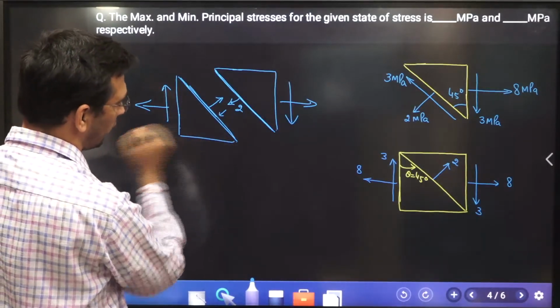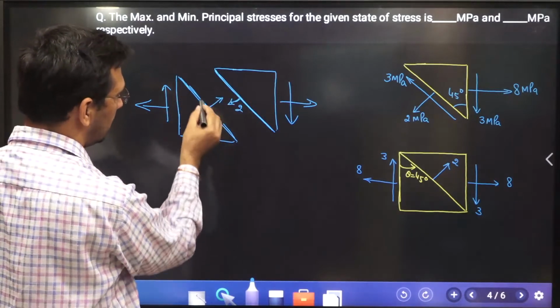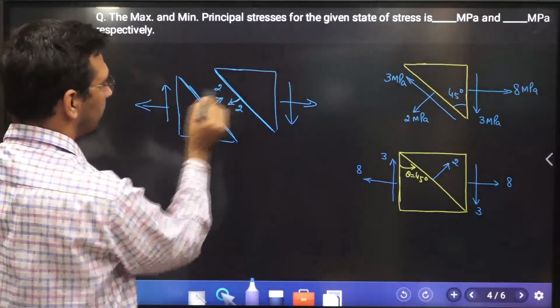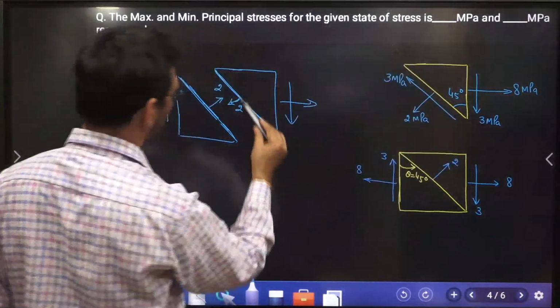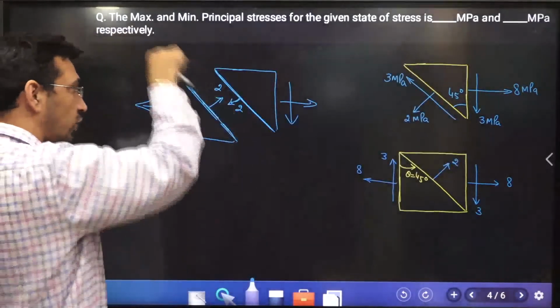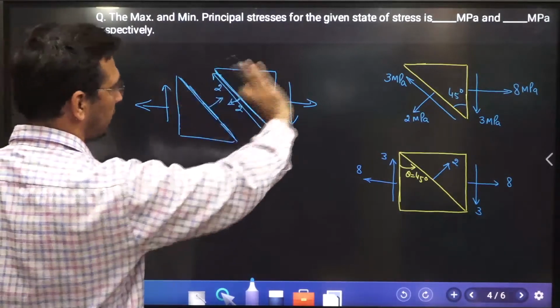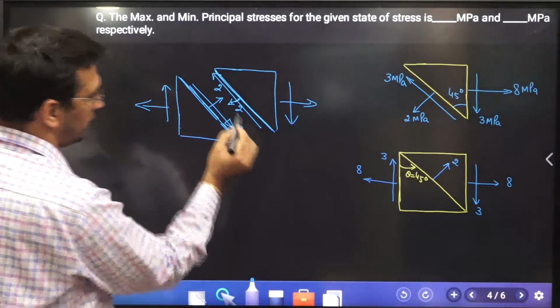If I show it this way over here, then it will be compressive. So I want the tensile over here on this side. So it means on this element over here, it is getting pulled that way. So it means it is going to be tensile. What about the shear? If you are showing shear this way on this plane, then over here it is going to be in the opposite direction. So if you have shown it this way on this side, then definitely over here you have to show it on the other side. So it will be this way.